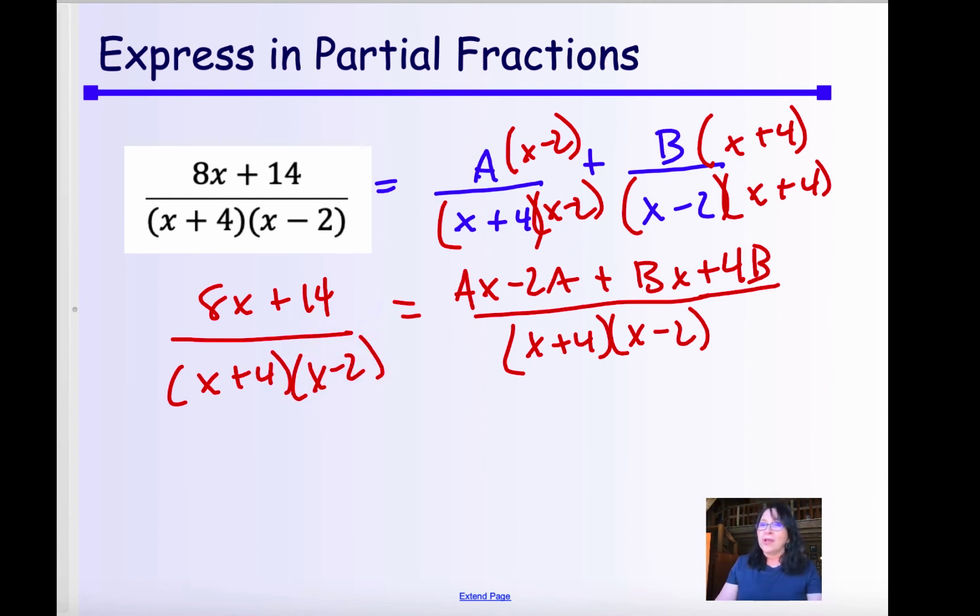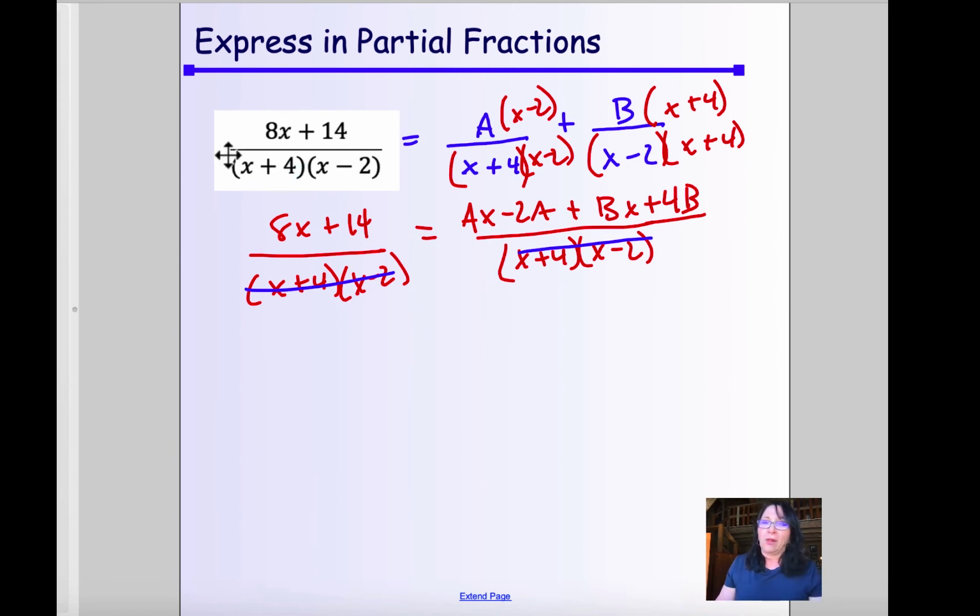And I know that when I cross multiply, my denominators are going to cancel. So now I can set my numerators equal to each other while combining like terms. My 8x is going to combine with my ax and my positive bx, and I'm going to divide by x. So I get a plus b is equal to 8.